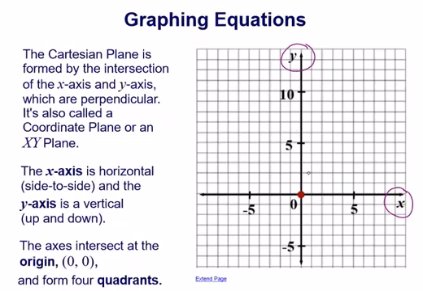The axes intersect at the origin, which has the coordinate (0, 0). That's where x equals 0 and y equals 0. And they form the 4 quadrants, often labeled with numerals 1, 2, 3, and 4.